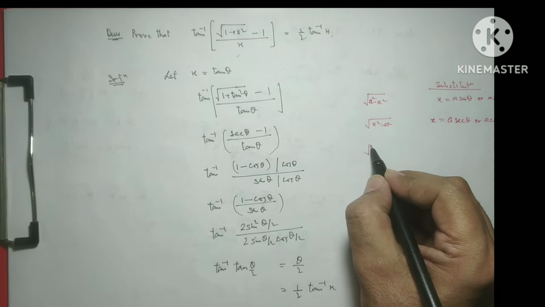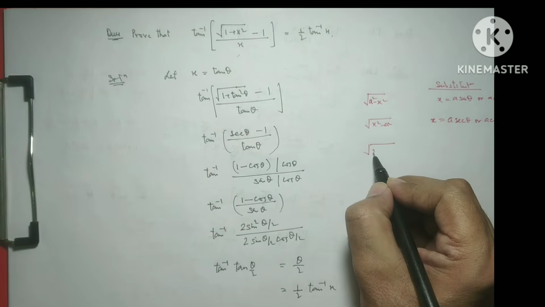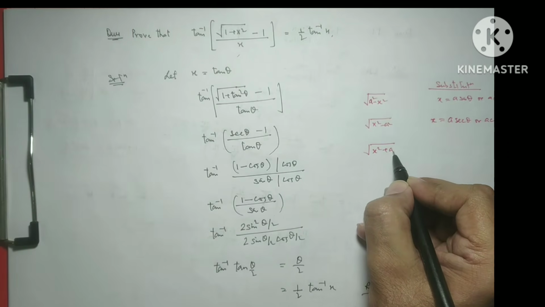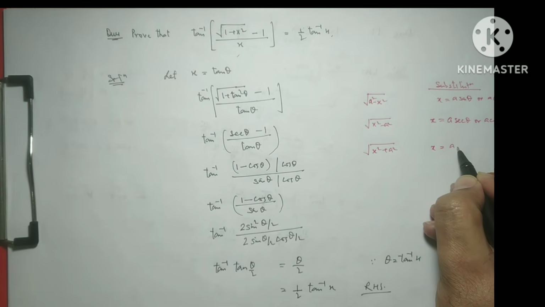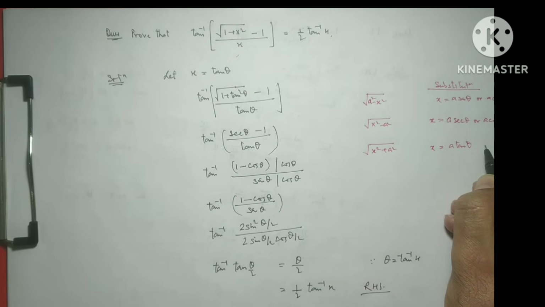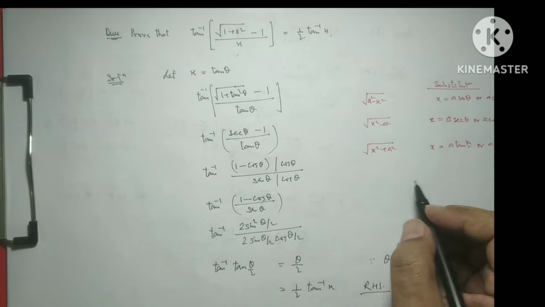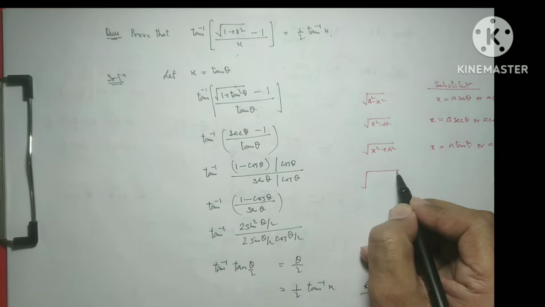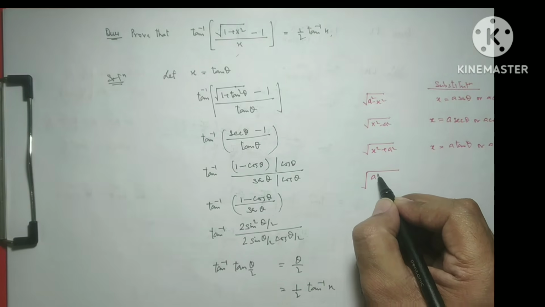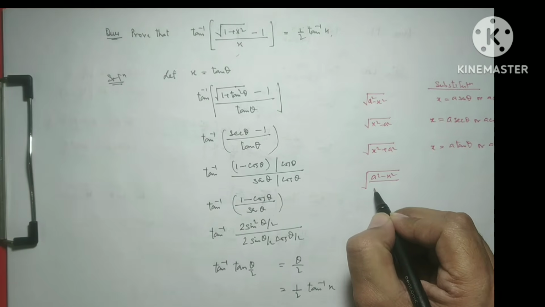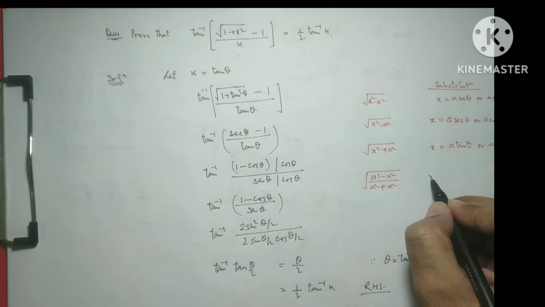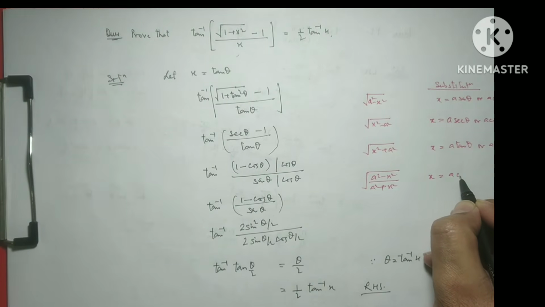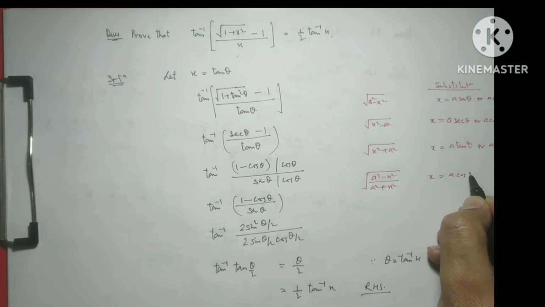And if you have an expression like x square plus a square, then it will be a tan theta or a cot theta. If we have the expression a square minus x square and a square plus x square, then we substitute a cos theta or cos 2 theta.